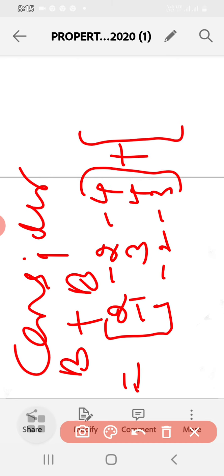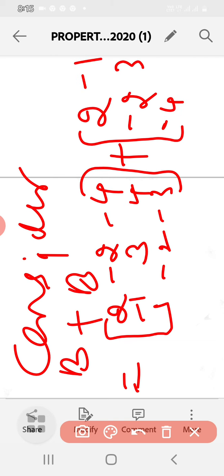So the transpose here is 2 minus 2 minus 4, then minus 1 3 4, then last column is 1 minus 2 minus 3. So we have to add these two matrices in the next step.